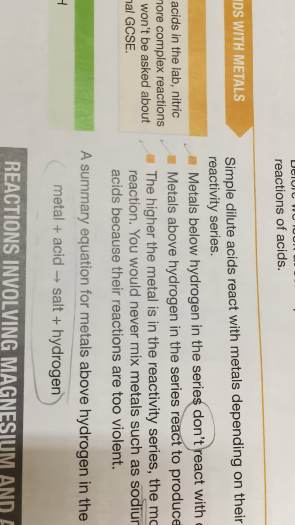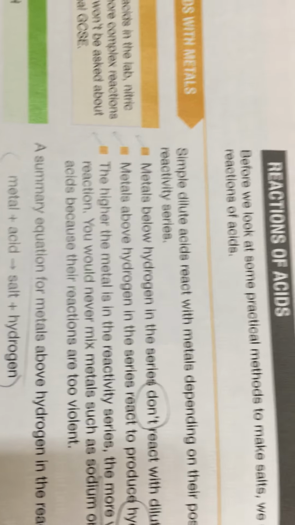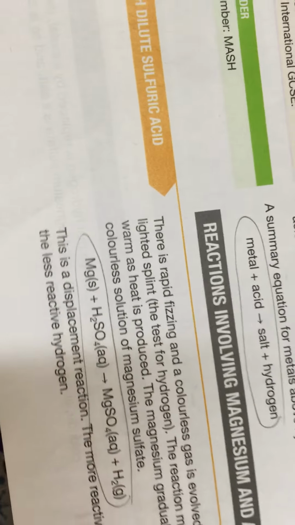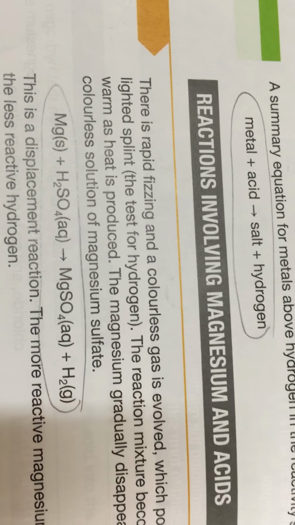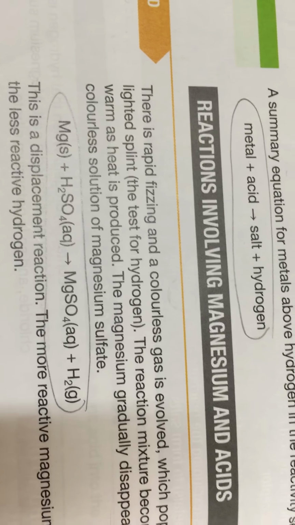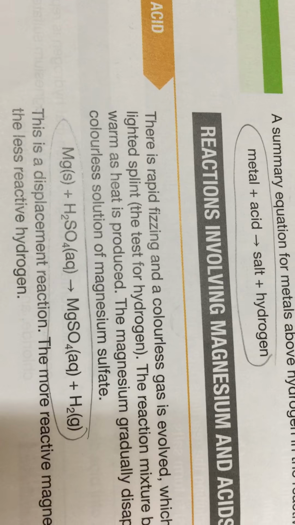This is an example of metal and acid: magnesium and sulfuric acid produce magnesium sulfate and release hydrogen.